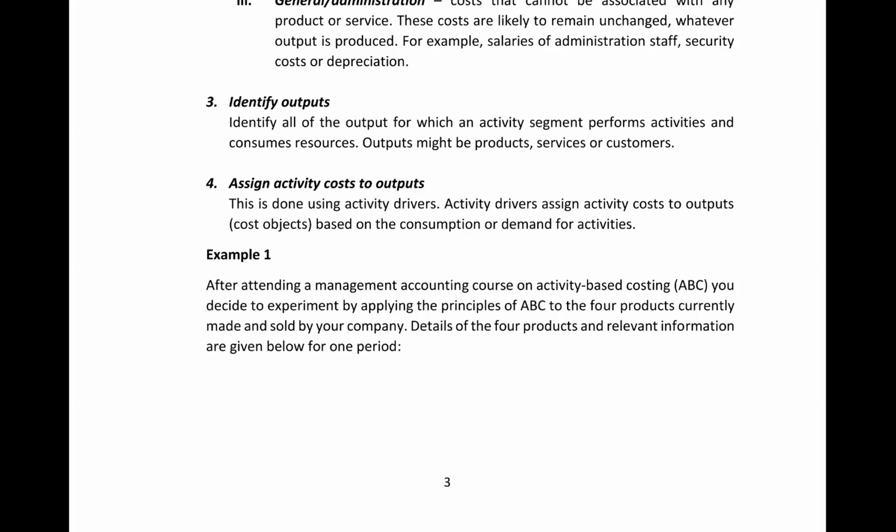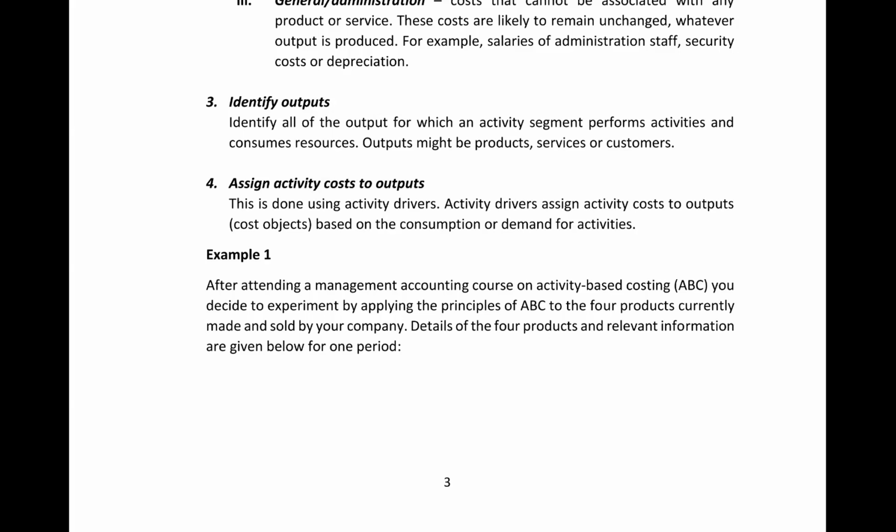However, in activity-based costing, we say that here we are not really using a specific basis of apportionment and generalizing it to all the products or all the departments. But what we are trying to do is allocate these costs based on the activities that are actually involved in the production process.